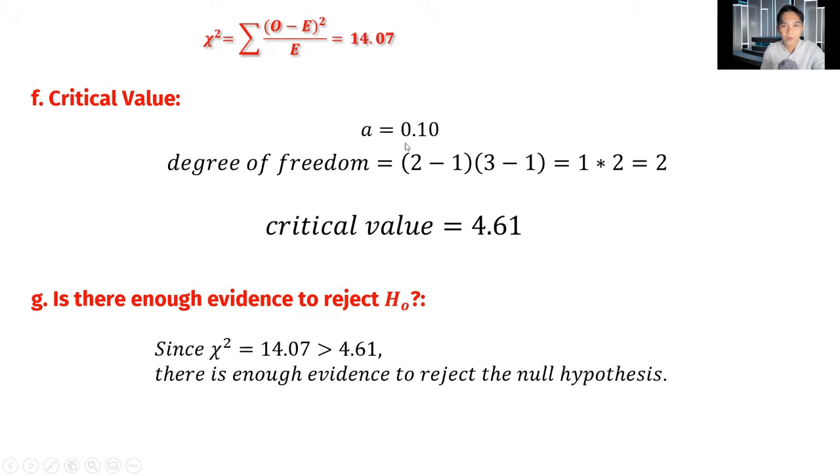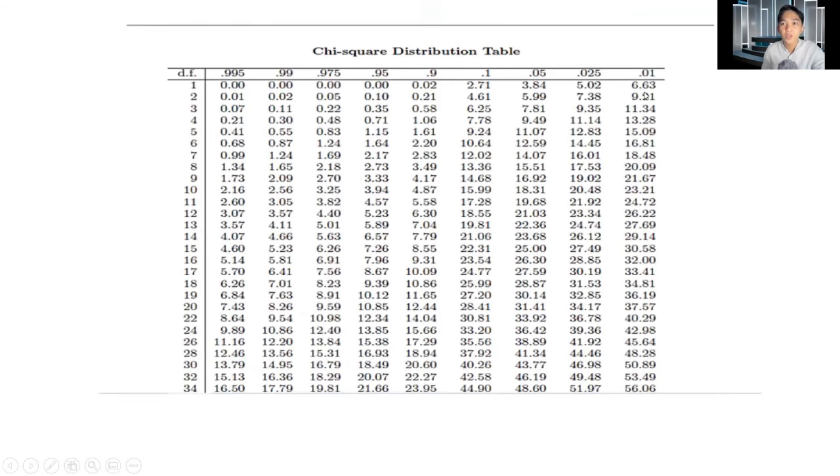So, the degrees of freedom is 2 and the level of significance is 0.1. Where do we get the critical value? From our chi-square or chi-distribution table. Here it is. So, 0.10, and 2 is our degrees of freedom. 4.621. That's what you saw earlier.